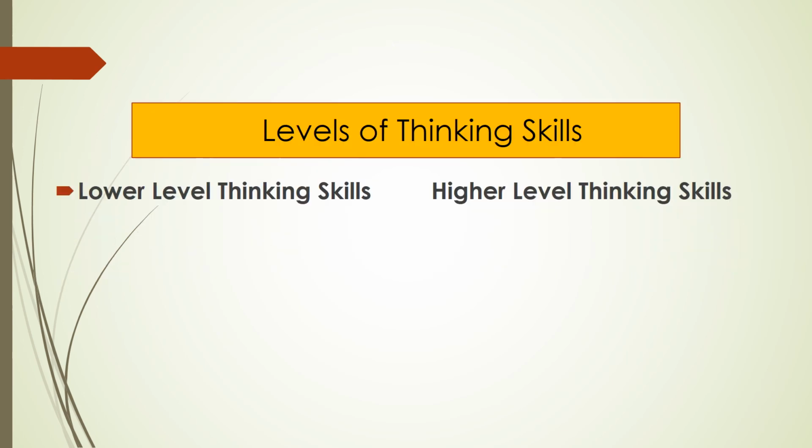For Bloom's taxonomy, there are two levels of thinking skills: lower level and higher level thinking skills. We're going to identify now what are those thinking skills under each level.